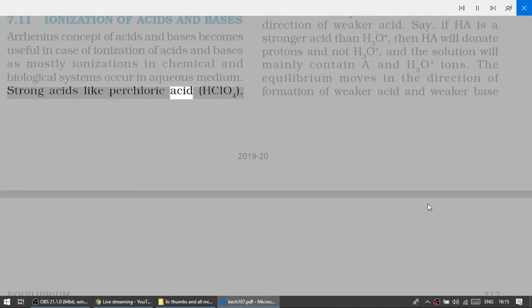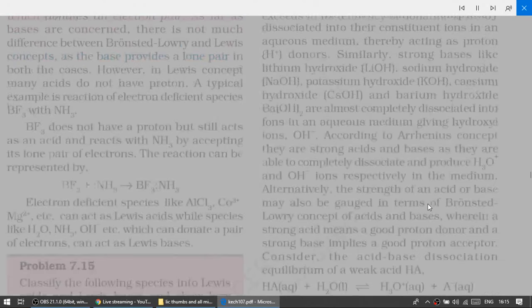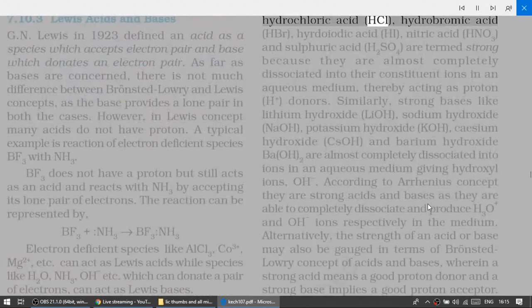Strong acids like perchloric acid, HClO4, hydrochloric acid, HCl, hydrobromic acid, HBr, hydroiodic acid, HI, nitric acid, HNO3, and sulfuric acid, H2SO4, are termed strong because they are almost completely dissociated into their constituent ions in an aqueous medium, thereby acting as proton, H+, donors.